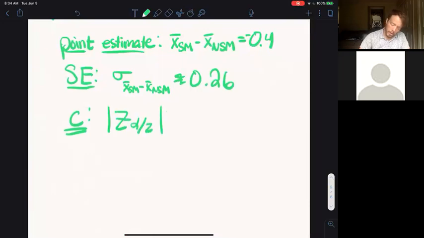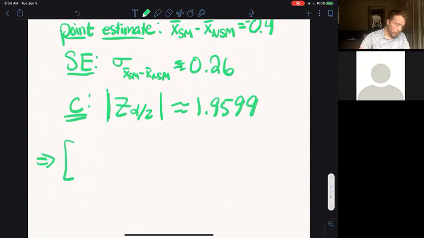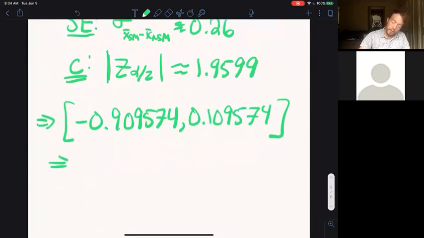We take the absolute value of the alpha over 2th percentile of the Z distribution, and this, just like before, is around here. So again, we just plug all these things in, and we get this. And note that since 0 is in this interval, we fail to reject. 0 is our null value for this one. We fail to reject the null hypothesis.